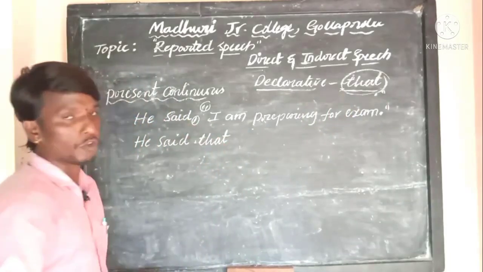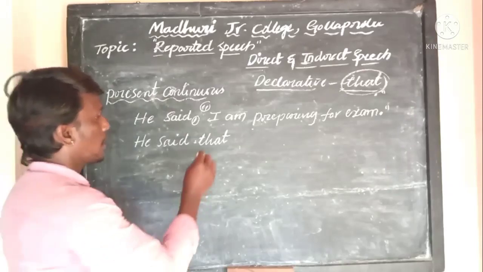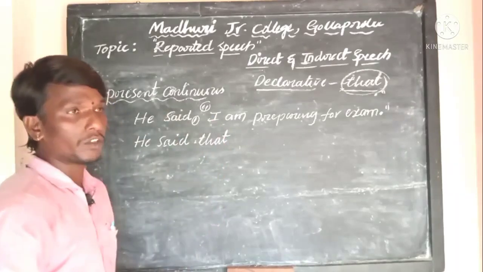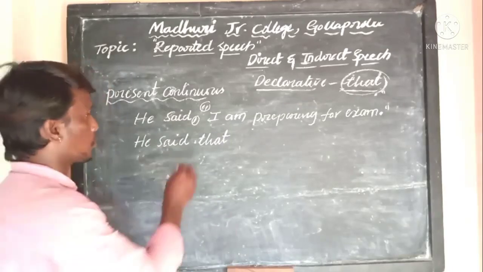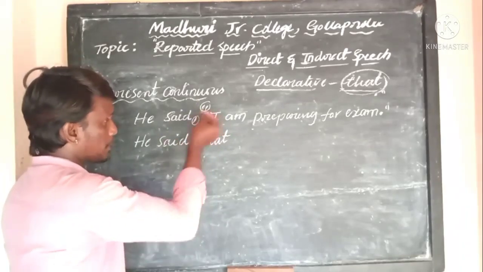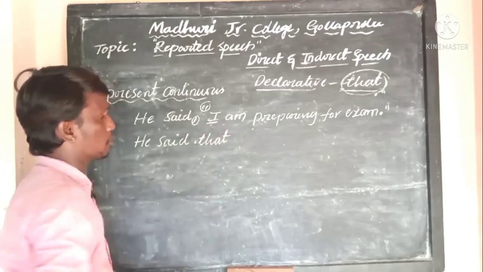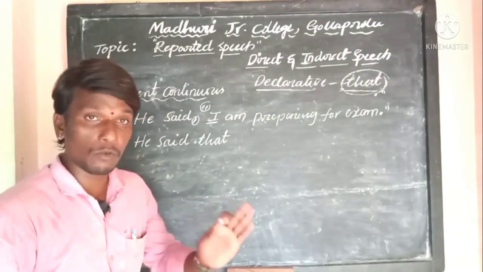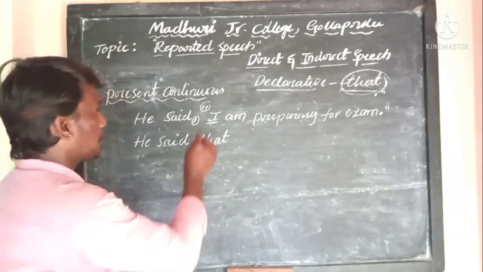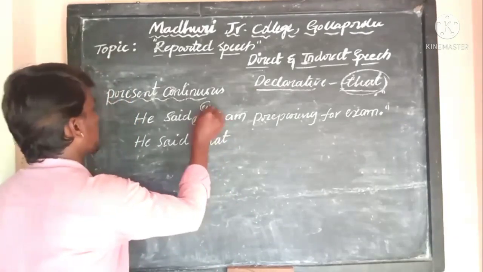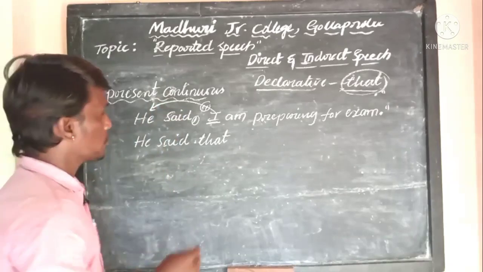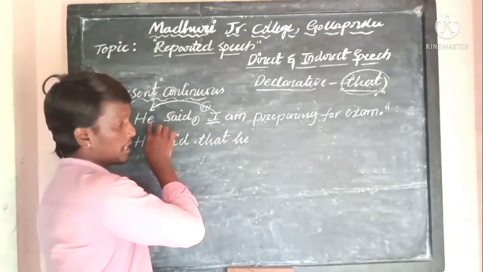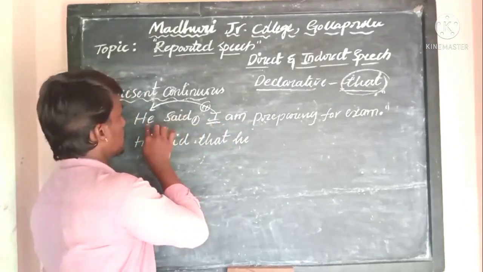And now again you should ask a question: whom does I refer to? Or you simply ask, what does I refer to? I refers to the subject, the speaker, as we already know that these words are the actual words of the speaker. So instead of repeating I, you should write he, because I refers to the speaker, he.